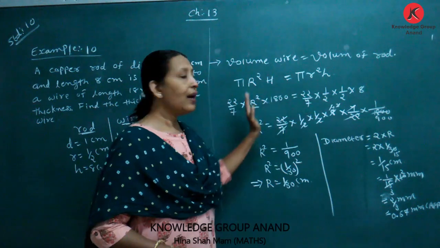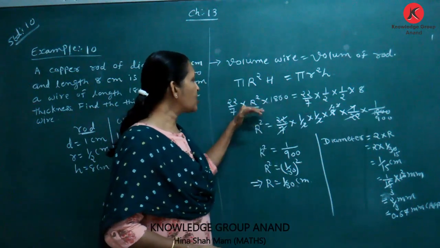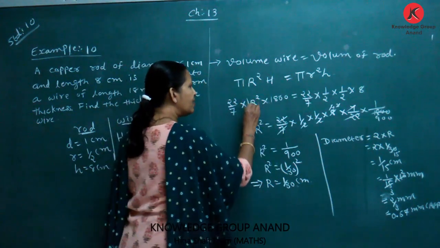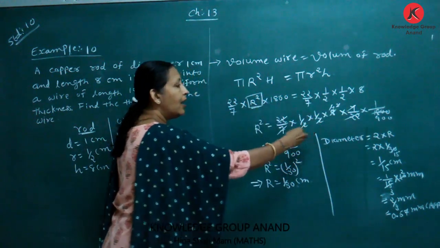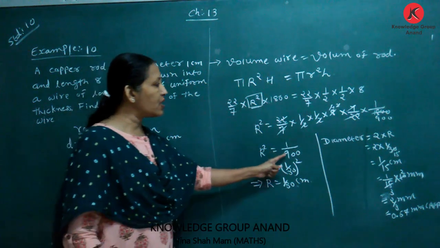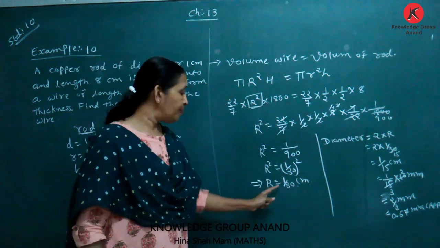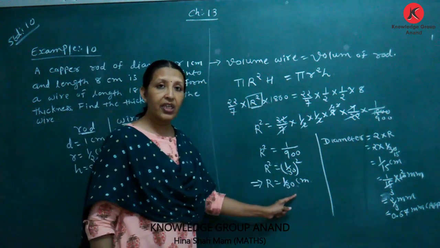Write both formulas, then we find only R square. These terms go to the opposite side, and on simplification R square is equal to 1 upon 900, R is equal to 1 upon 30.